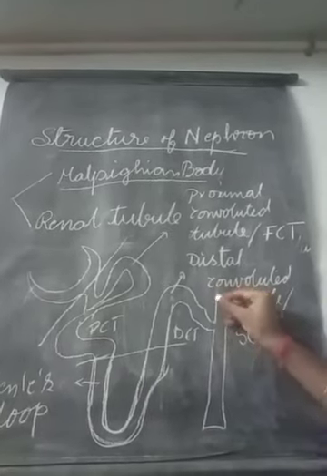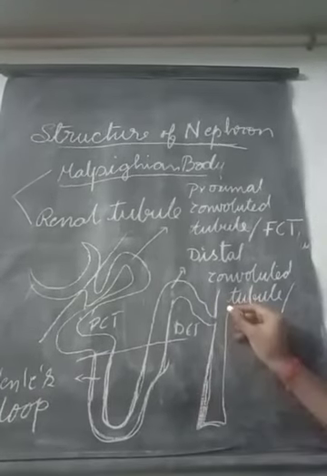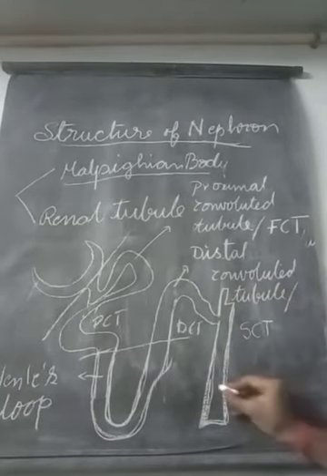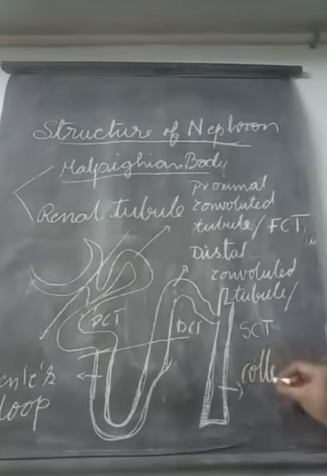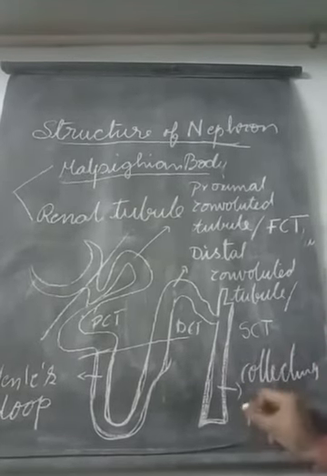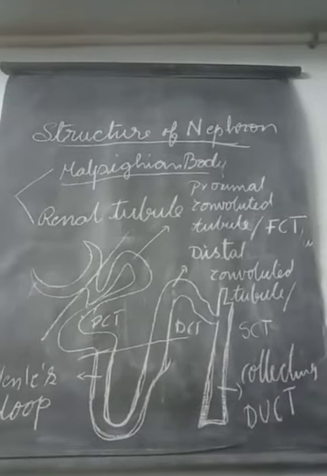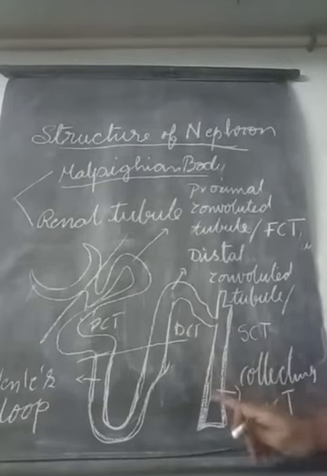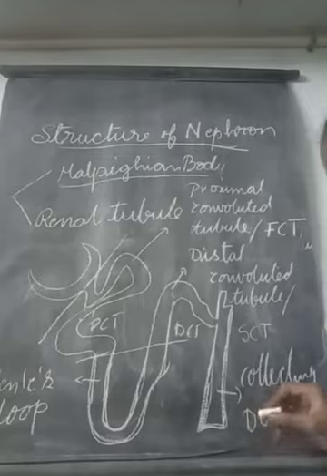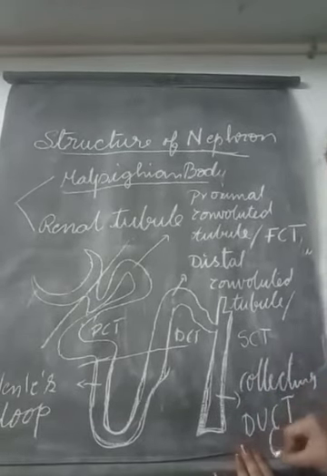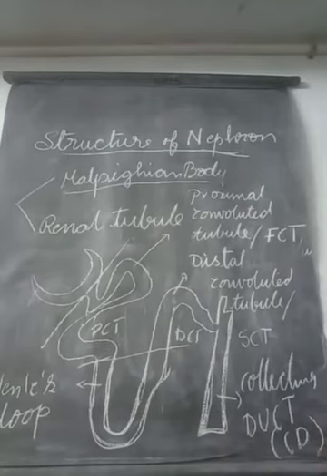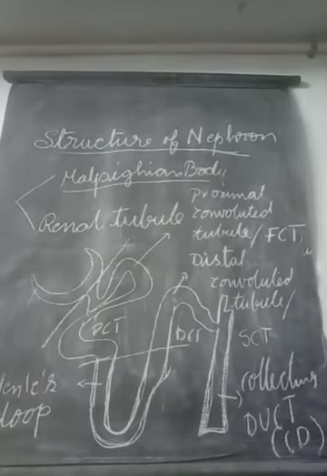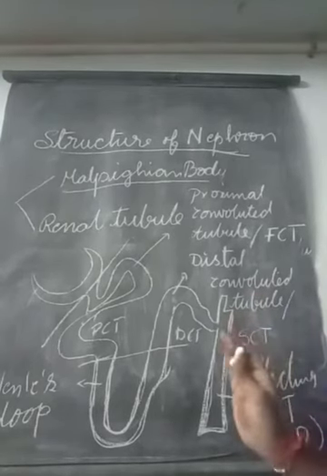And DCT opens into a final tube-like part, called the collecting duct. Duct means tube. The DCT opens into a final tube called collecting duct. We will call it CD. CD means collecting duct, not compact disc. These are the major parts of the renal tubule.